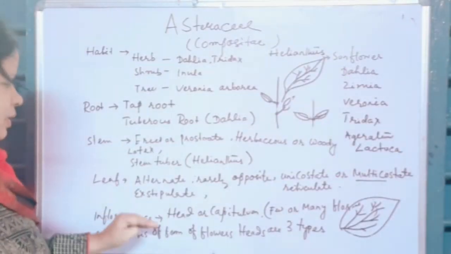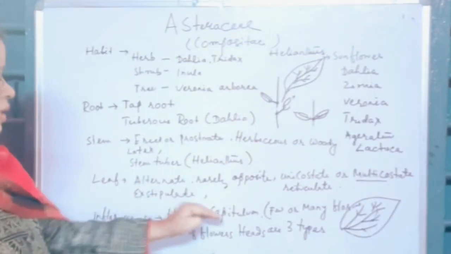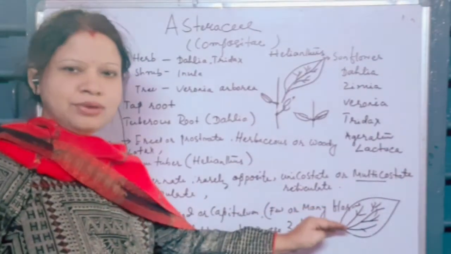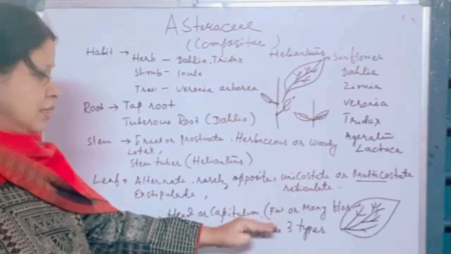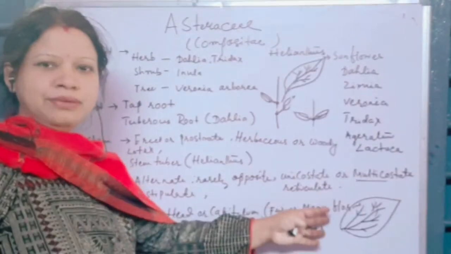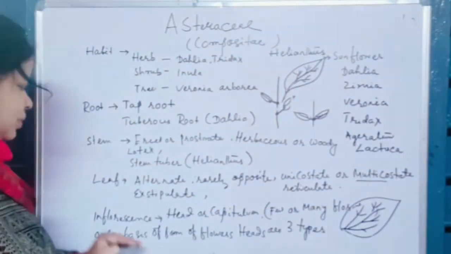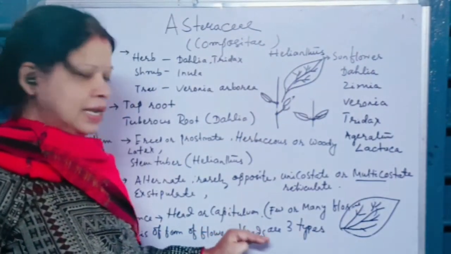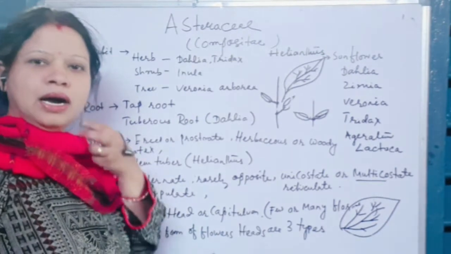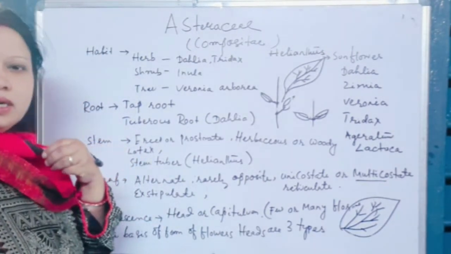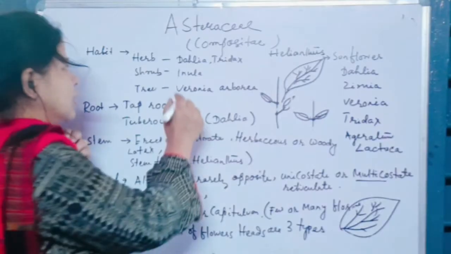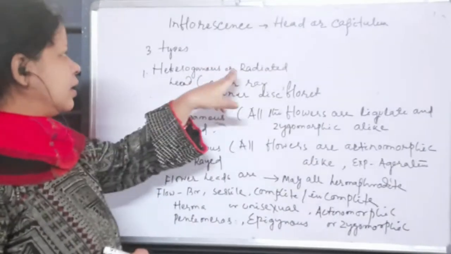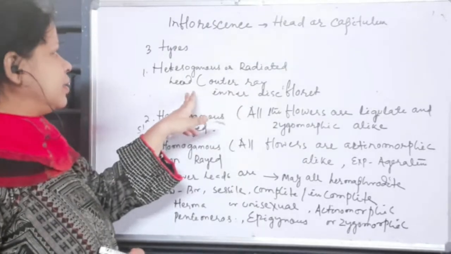Inflorescence. Here the inflorescence is head or capitula. Head or capitulum consists of many flowers or florets, and the florets may be ray floret or disc floret. So on the basis of form of flowers, head or capitulum are of three types: heterogamous, homogamous, heterogamous or radiated head.